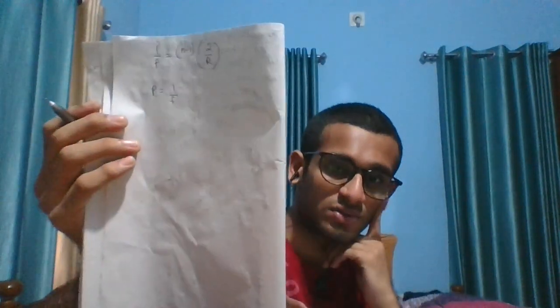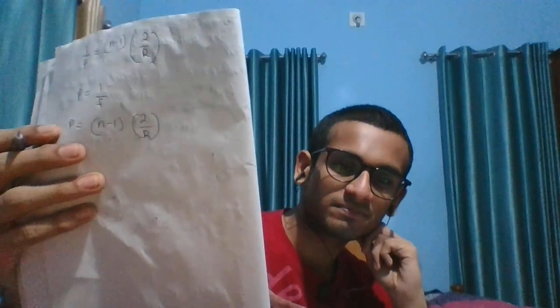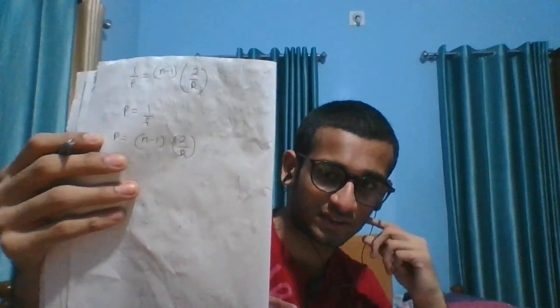This is what it becomes. And we also know that 1 by f, the reciprocal of focal length, is power. Power p equals 1 by f, and f equals 1 by p. So p equals n minus 1, into 2 by r here. So we found the power for the first case.